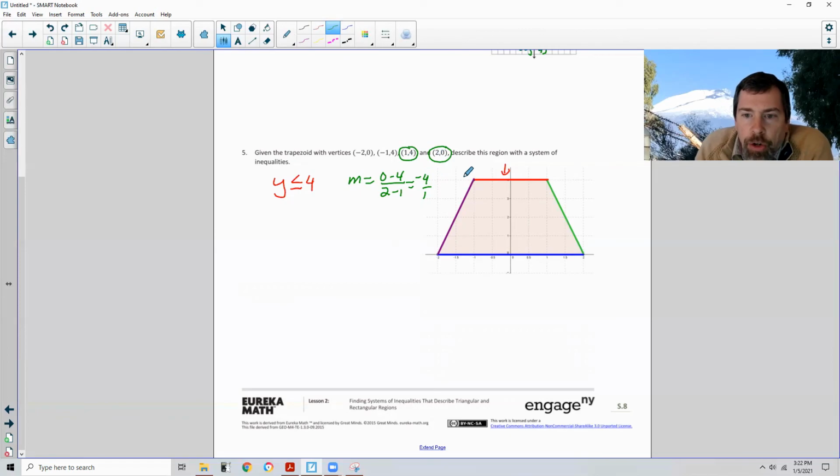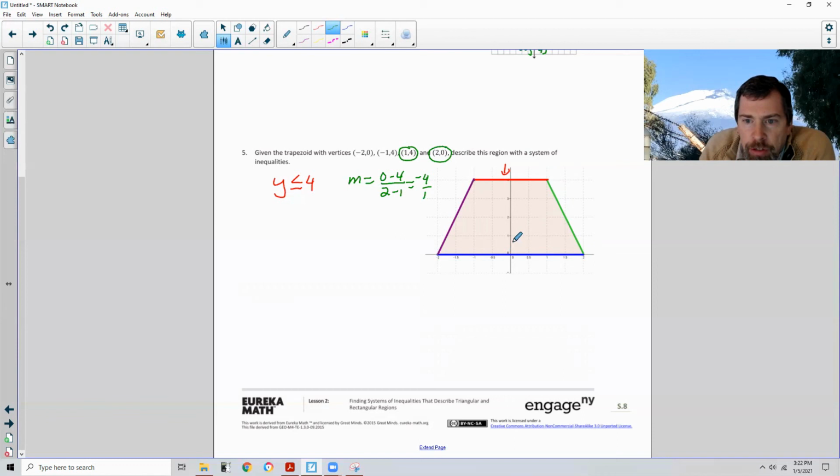Okay, so now I need to know my y-intercept. Well, this is up 4 over 1. And these are half increments, by the way. So my slope is -4. So I went down 4 over 1. Notice that that's a half and that's 1. Going from 2 to 1, we went up 4.